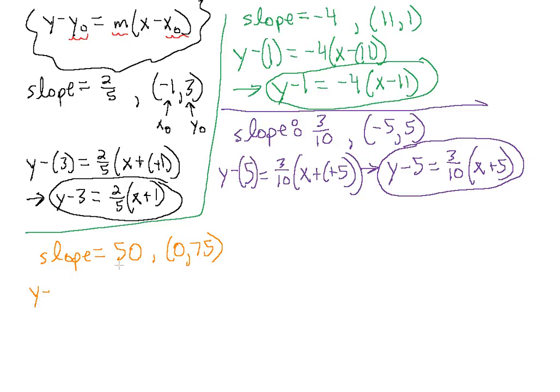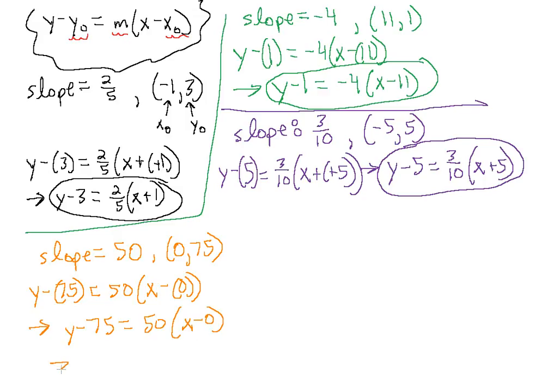We have y minus 75, which is our y naught, equals our slope m, which is 50, times x minus x naught, which is just 0. We can drop the parentheses here. 50 times x minus 0, and we just did an extra step, but that's okay. y minus 75 equals 50x.